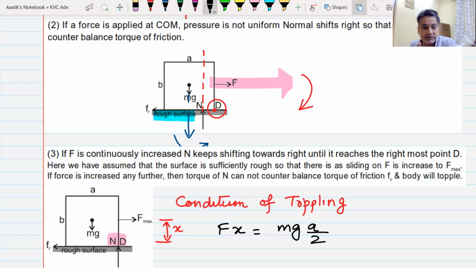That is your condition of toppling. Do we understand this? Yes, sir.